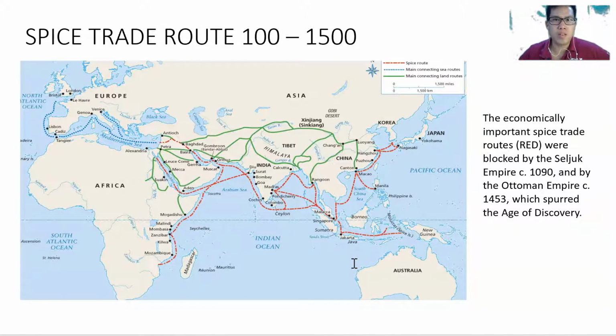So this is the early spice trade route, from the 100s to 1500. Here is Europe, and Africa, the Northeast Africa side, where they trade, and here is the Asia part, where they trade the spices.